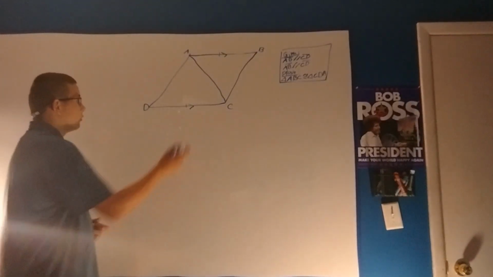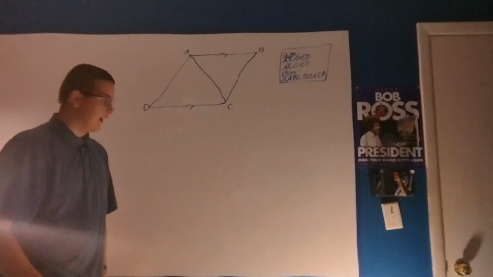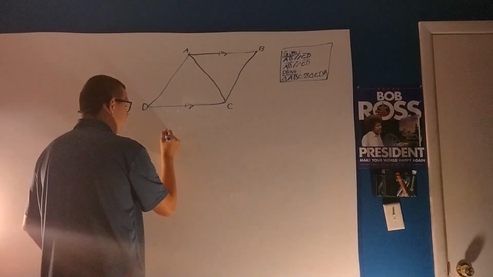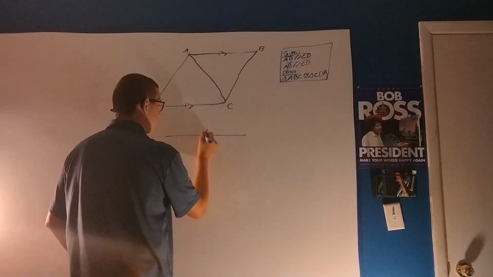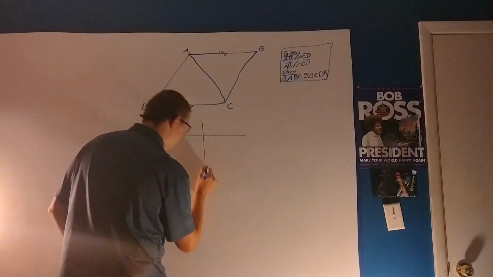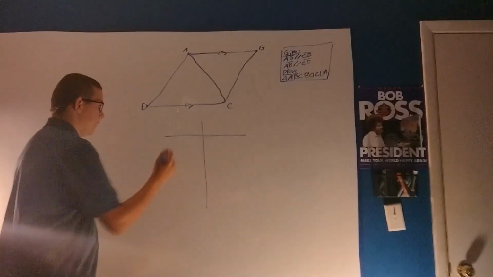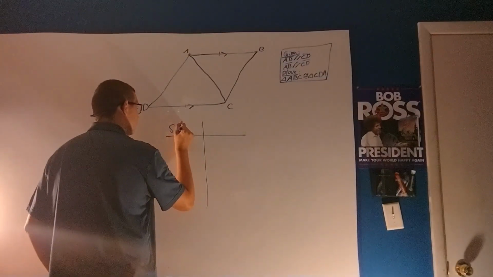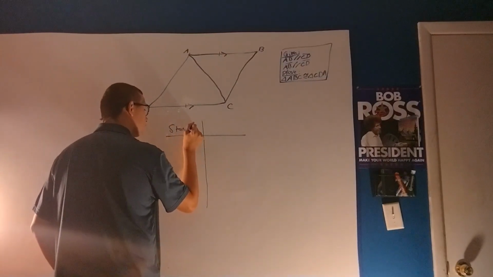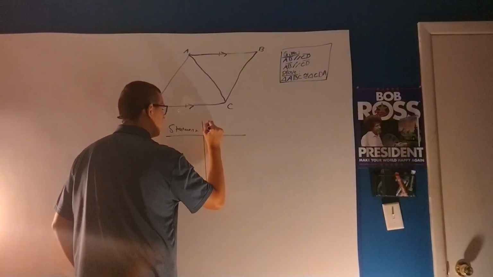And from there, we want to prove that these triangles are the exact same. So right here, I'll do our two-column table like that with our statement and our reason.